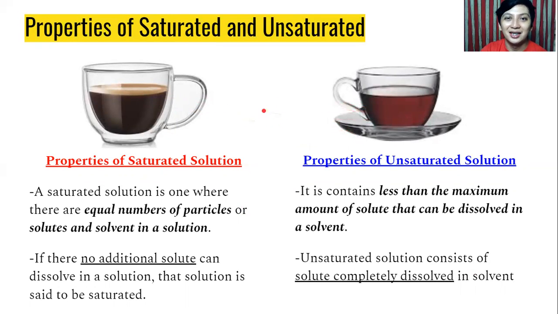Yes, there is. So, unsaturated, because it has a lesser solute, lighter coffee. Okay? And then, in this case, we have saturated solution, equal amount of solute in a given solvent. So, this is what it looks like. A little bit of darker color than the unsaturated solution. Okay, did you get it?